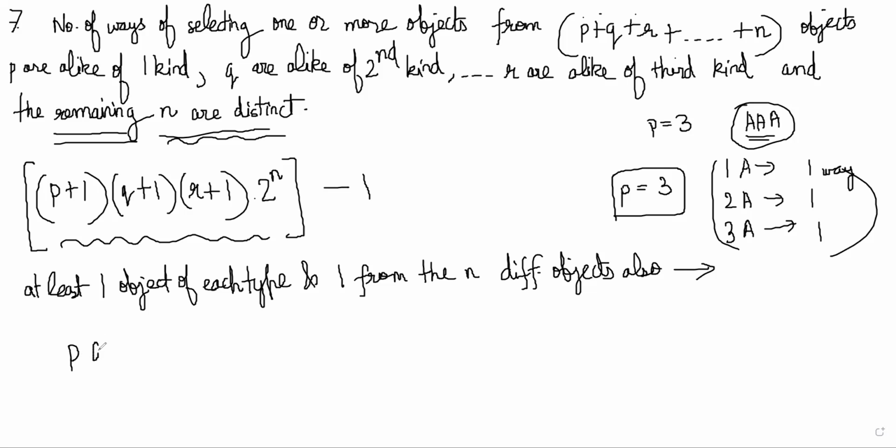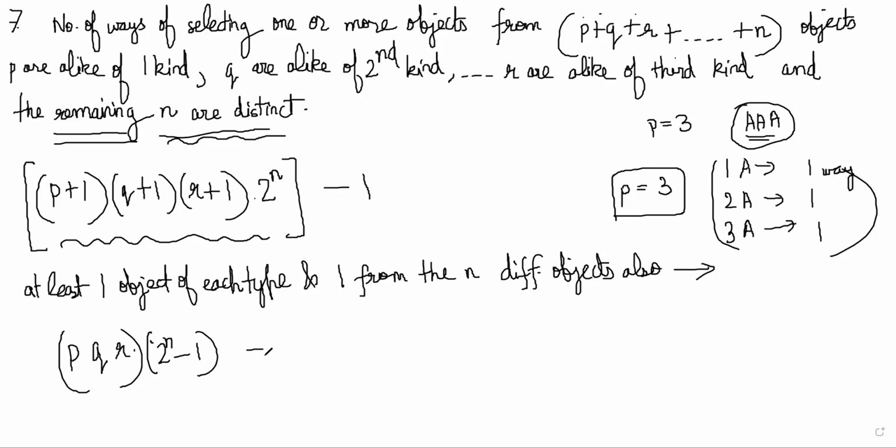P ways to do this, q ways to do this, r ways to do this, and you have to select one out of the remaining n also. There are n things, you have to select one or more out of that also. So that will be 2 power n minus 1.